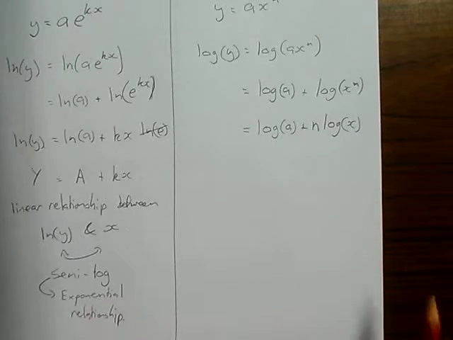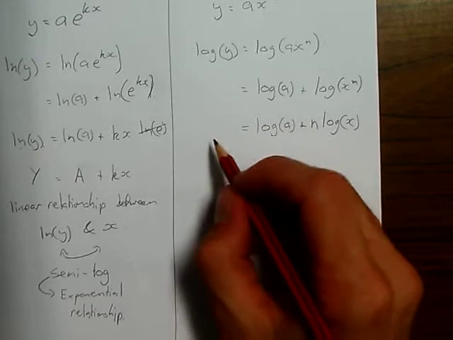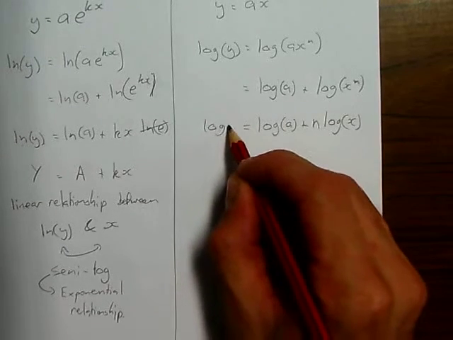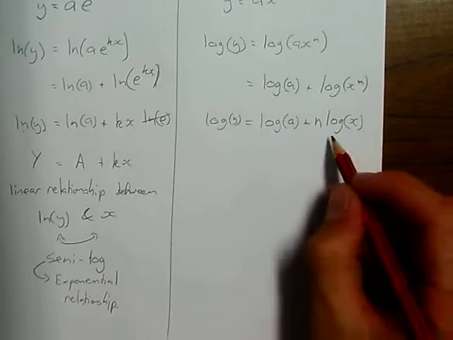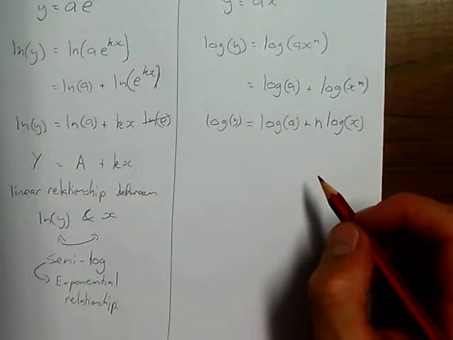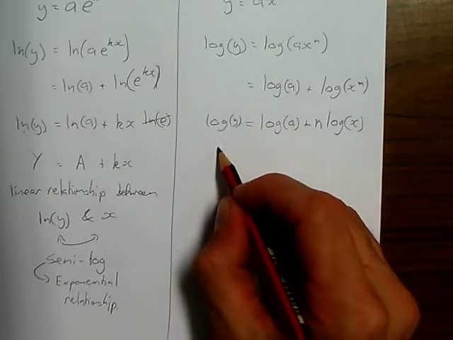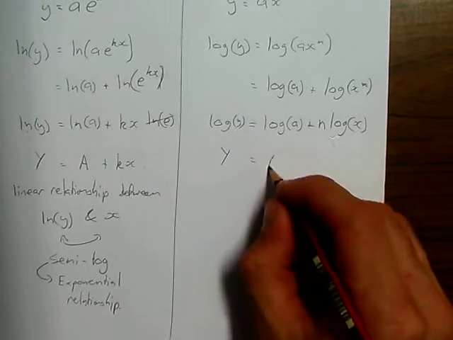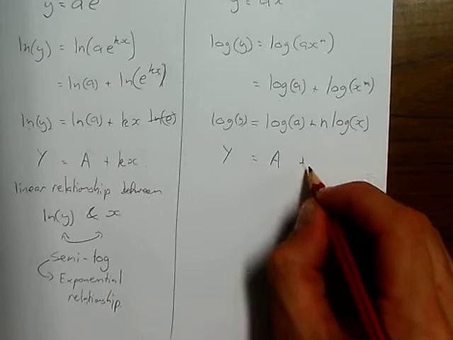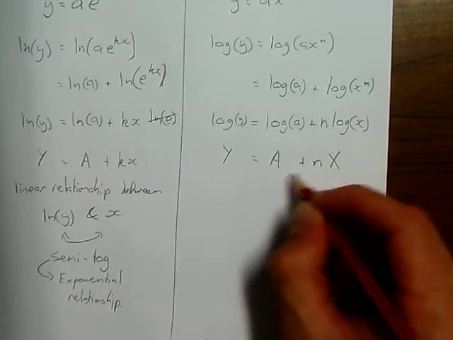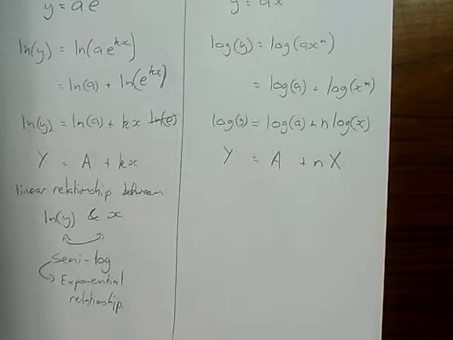So I have this, what sort of relationship is that between the log of y and the log of x? I'll make it a little bit more obvious again. Y equals A, big A, plus n, big X. What sort of relationship is that? Linear. Linear, thank you.